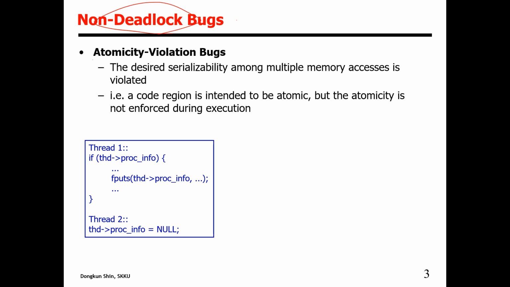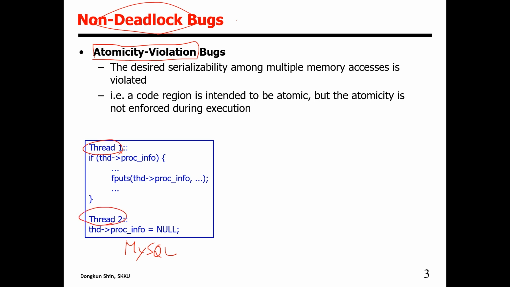The first one is the atomicity violation bug. Let's see this example. This is a part of MySQL code. There are two threads, thread 1 and thread 2.